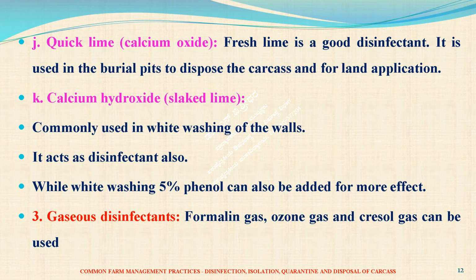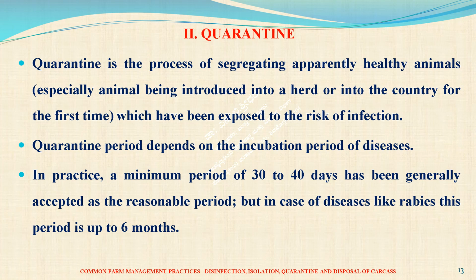This is very commonly used in whitewashing of walls, and it acts as a disinfectant also. While whitewashing, 5% phenol can also be added to the whitewash for better effect. Whereas gaseous disinfectants like formalin gas, ozone gas, and cresol gas can be used very commonly.